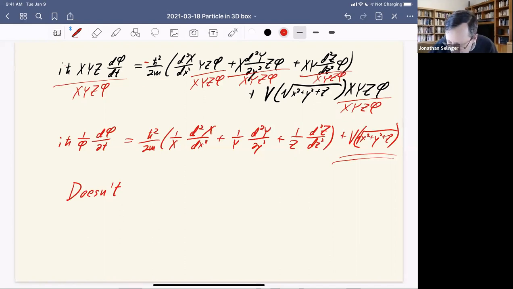So the point is, this doesn't work in Cartesian coordinates. So it spoils our nice system for solving Schrodinger's equation, our nice system for solving this partial differential equation. Well, I mean, we could give up on separation of variables.